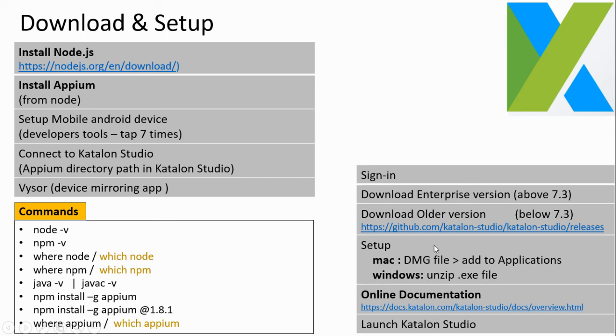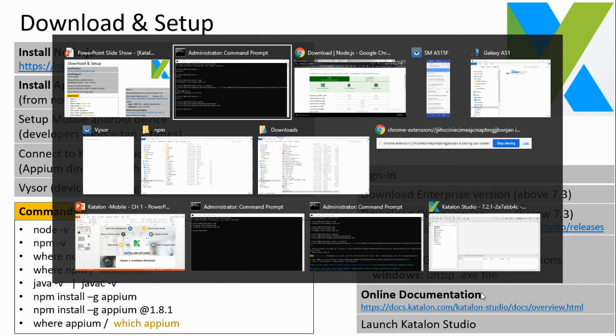You need to sign up before downloading, and there is some information about the versions. Version 7.3 and above are enterprise versions, and the older versions are not. Then you can go to the online documentation for checking out any issues. So we'll go to the tool itself directly.